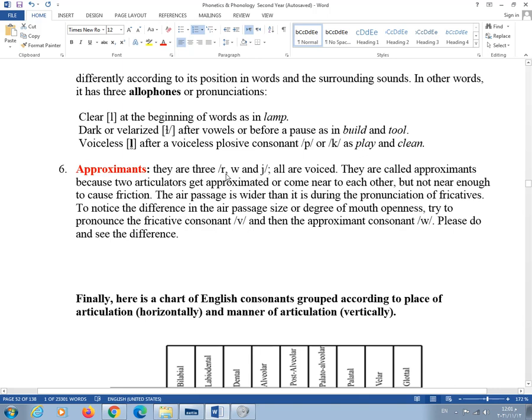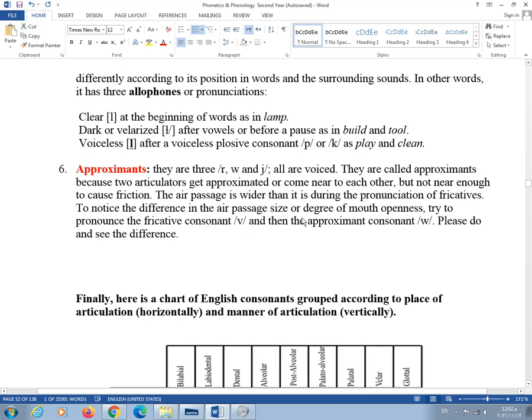The airstream is never completely blocked, nor does air go through a narrow passage like when we pronounce fricative consonants. In order to see the difference, note the difference in the air passage size or degree of mouth openness.